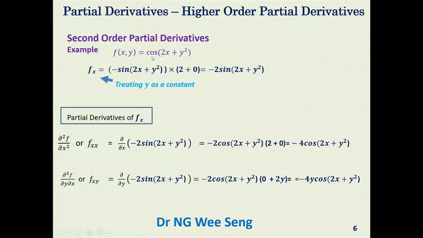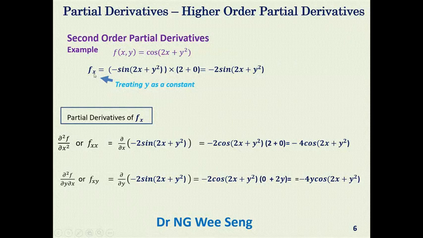We differentiate cosine of 2x plus y squared with respect to x. Applying the chain rule, cosine will give minus sine of the same angle, 2x plus y squared will remain unchanged, followed by the differentiation of the term inside the bracket, which is 2x plus y squared.